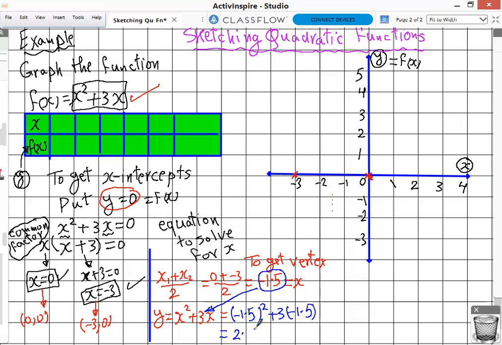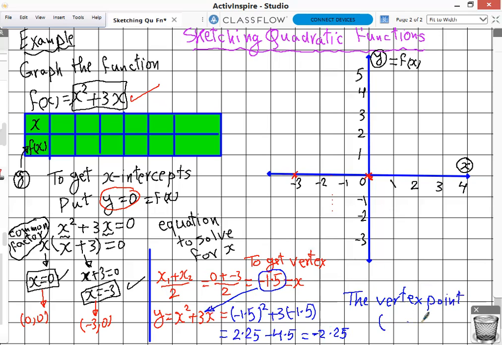Who will get it before me? No calculator? Negative. Okay. Then the vertex point.